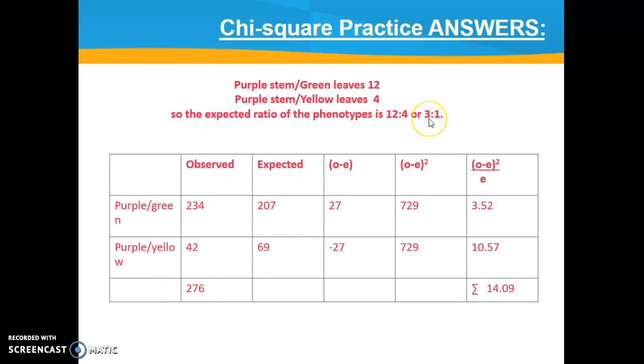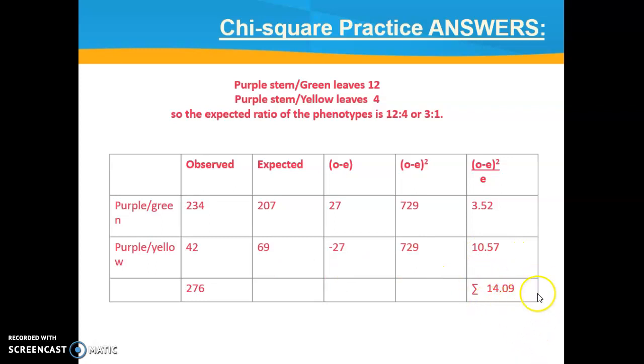So if we expect 3 out of 4 to be purple-green, we would take 3/4, or 75%, 0.75 times this total. That's where this number came from. And we expect 1 out of 4 to be purple-yellow. So 1/4, or 25%, or 0.25 times this number is going to give us that expected. So that's how we figure out our expected based on this data.